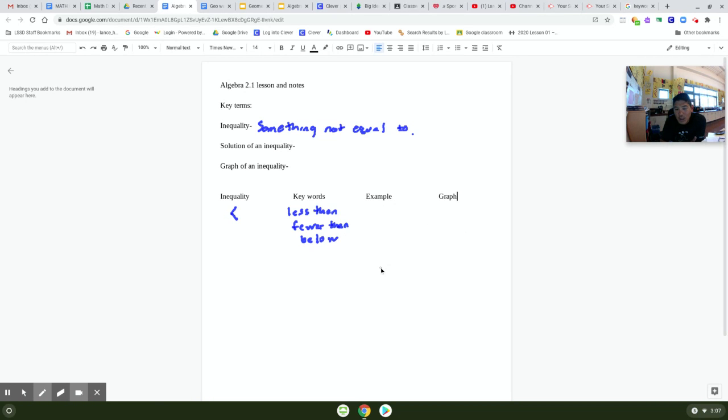An algebraic example of an inequality: if I have a variable x is less than 2, that's how I could read it from left to right. If I read the right side first, 2 is greater than x. When we graph an inequality, if x is less than 2, that includes all the numbers up to, but not including 2.